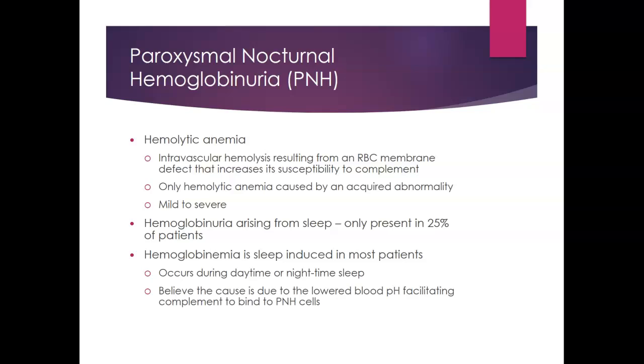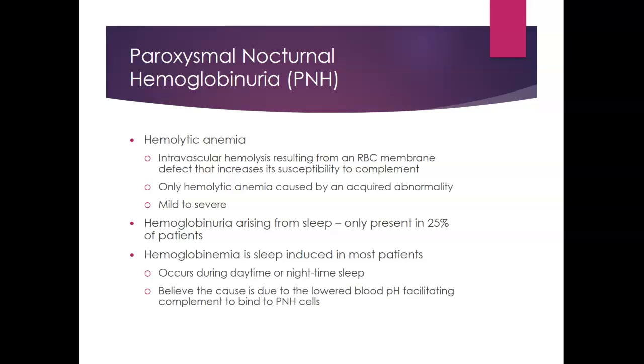Paroxysmal nocturnal hemoglobinuria is the next one. With this one, there's intravascular hemolysis resulting from an RBC membrane defect that increases its susceptibility to complement. It's the only hemolytic anemia caused by an acquired abnormality. It can be mild to severe, and usually the hemoglobinuria arises from sleeping.